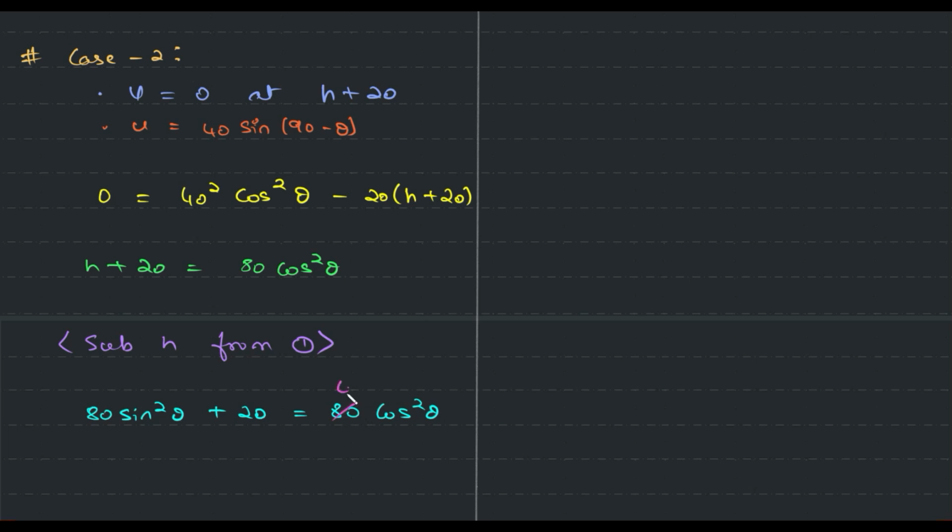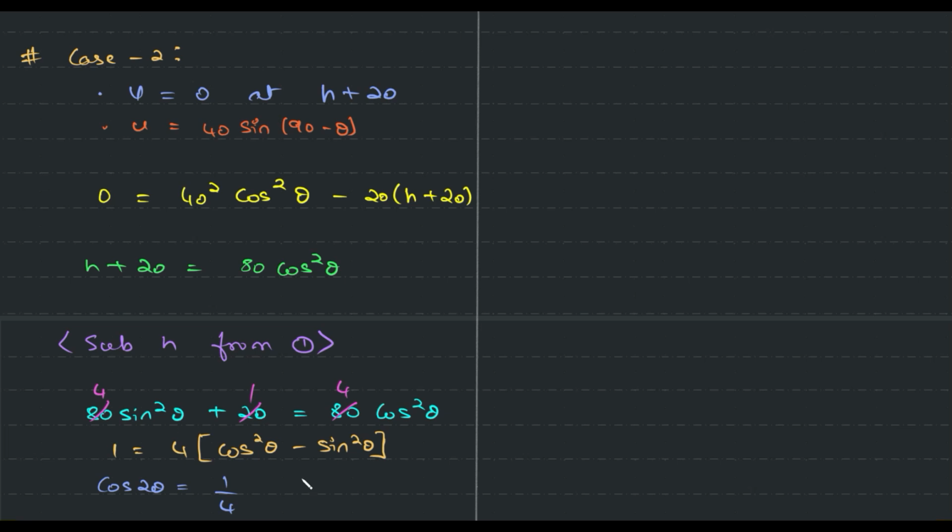So with a bit of rearranging, 1 is equal to 4 times cos square theta minus sine square theta. This is nothing but cos 2 theta. So cos 2 theta is equal to 1/4.